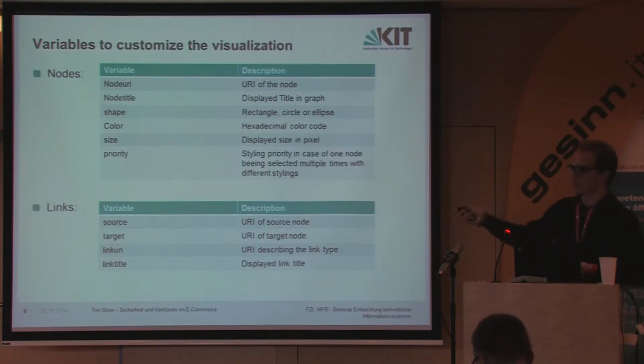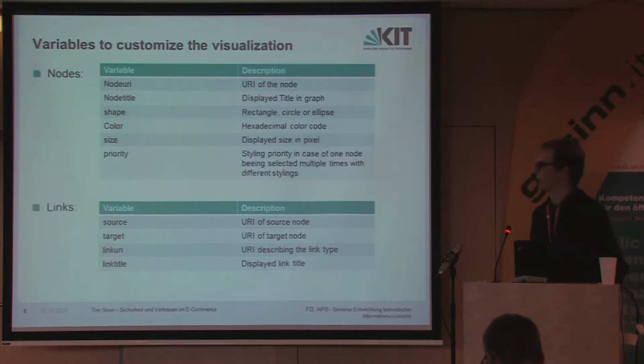It looks like this. For nodes, you have variables like the title, the shape, the color, the size, and the priority. For links, it's a little bit less. You can specify, of course, target and source, which have to be there, and the link URI. And the link title you can also control over the SPARQL queries.